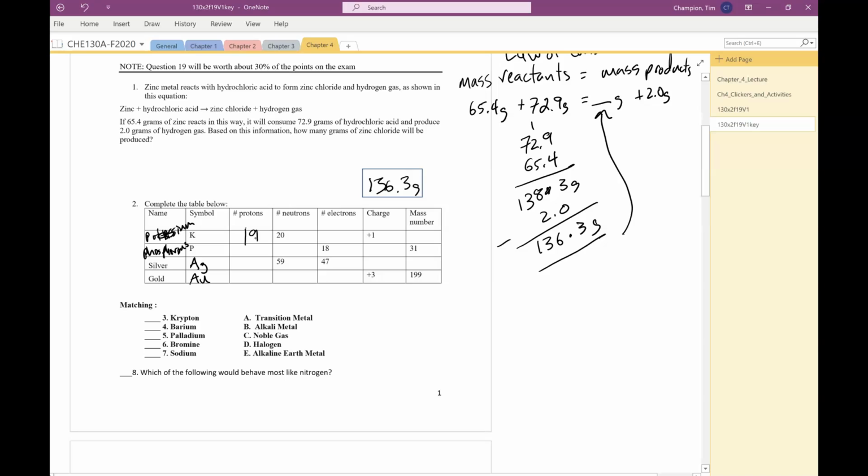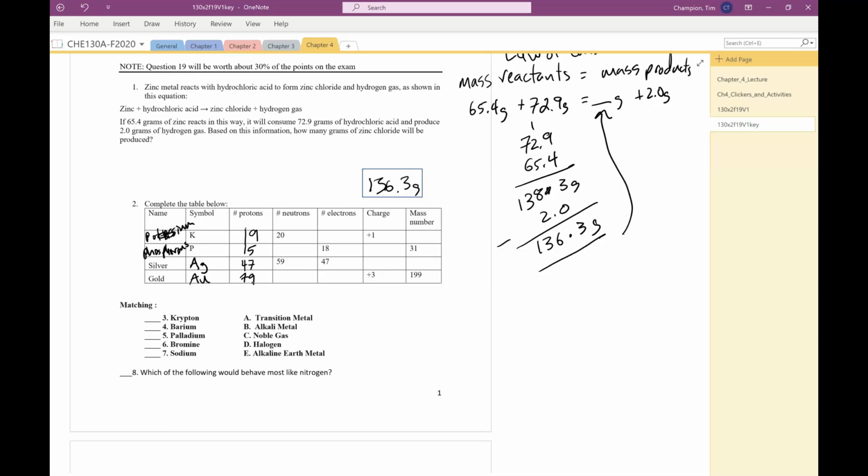And that phosphorus has 15 protons, silver has 47 protons, and gold has 79 protons. Now, to ask this kind of question in an online environment, I'm probably just going to leave the name and the symbol off and give you protons, neutrons, and electrons to deal with.